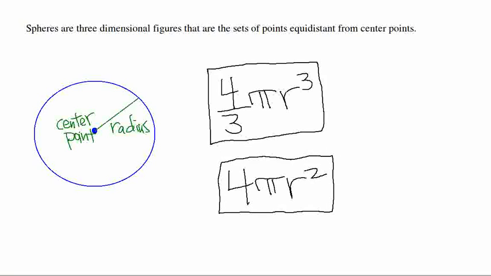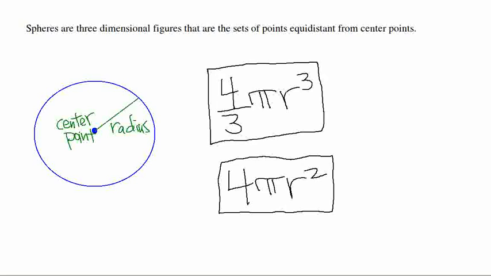Now, there might be some people that are concerned that they'll get these mixed up, and they'll use the volume formula accidentally for surface area and vice versa. Here is one way to prevent that from happening. The units of surface area are the square of some length unit, such as square centimeters. Notice that the surface area formula is squaring the radius.